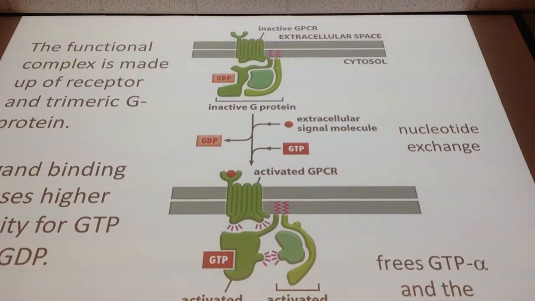We're good? Yes, sir. The transmembrane protein part, is that just the receptor? Right, so this is a G protein linked receptor. It's always interacting with the G protein, so that's hardwired.